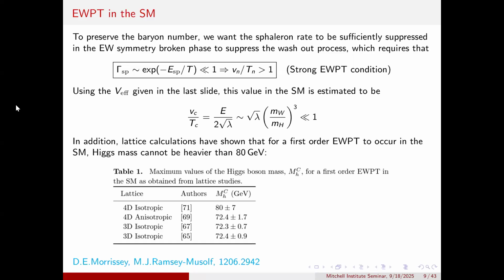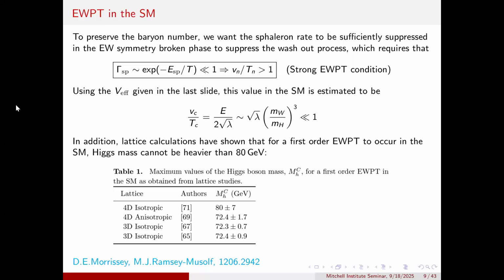So this indicates that we want E_n over T_n, by n I mean nucleation, so the Higgs vev in the broken phase at the nucleation temperature over the nucleation temperature, to be much larger than 1. And this is usually referred to as the strong first order phase transition in the baryogenesis literature.